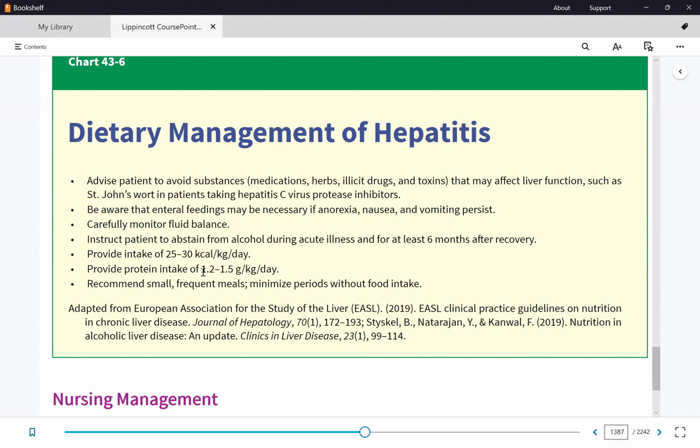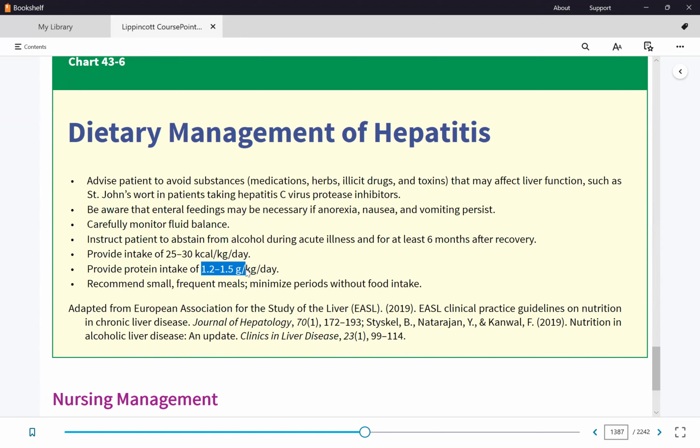Now, in the case of liver disease, the patient's liver needs to heal. They do need protein. However, you need to limit it in the case of active liver disease, especially when the patient has advanced cirrhosis, for instance, or if there is an acute infection like hepatitis A and E. In those particular diseases or infections, the patient's protein needs to be limited.